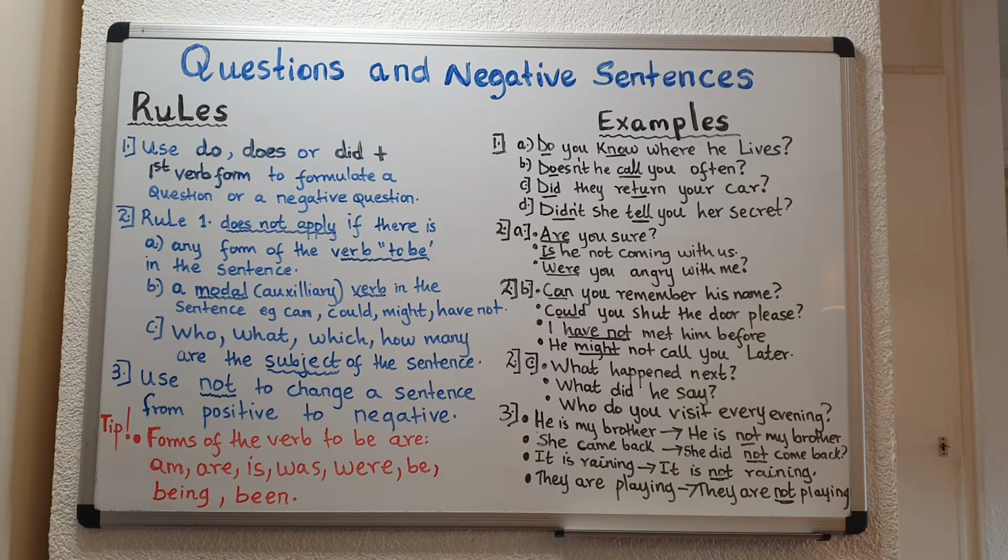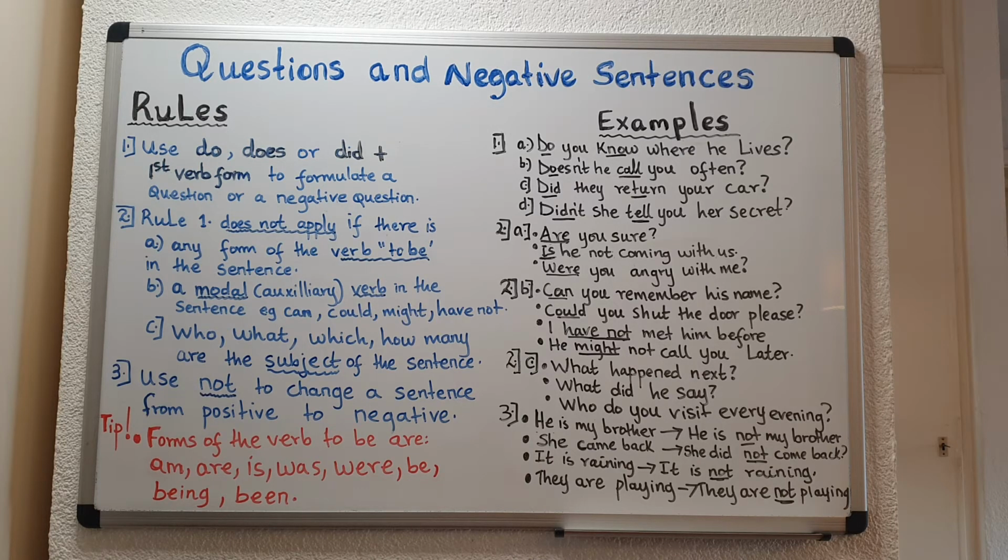And what I mean by the first verb form is the base of the verb. In other words, it is the verb before it changes. It is the original form of the verb. Like, for example, cook, play, eat, sleep, jump, kick.